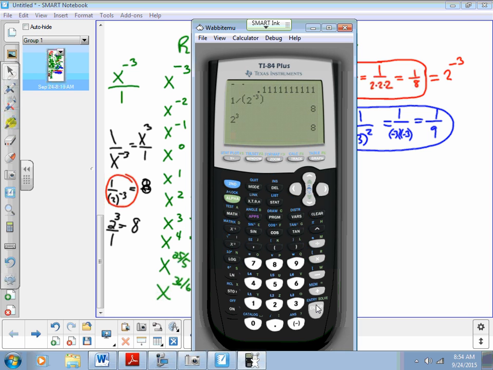If it was on the bottom with a negative exponent, you need to move that base to the top and write it as a positive exponent. Okay? If it's on the top with a negative exponent, then you write it on the bottom as a positive exponent. Okay? So did I prove it to you that those two were the exact same thing? Yeah? Okay.